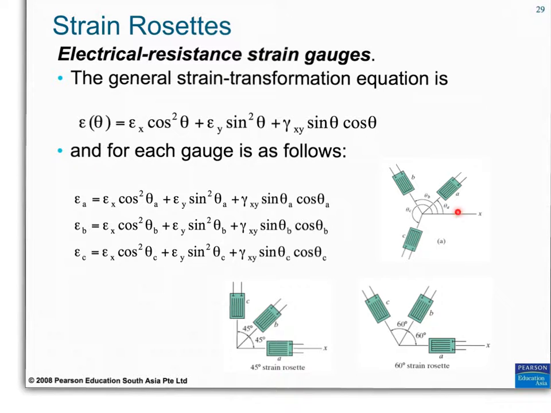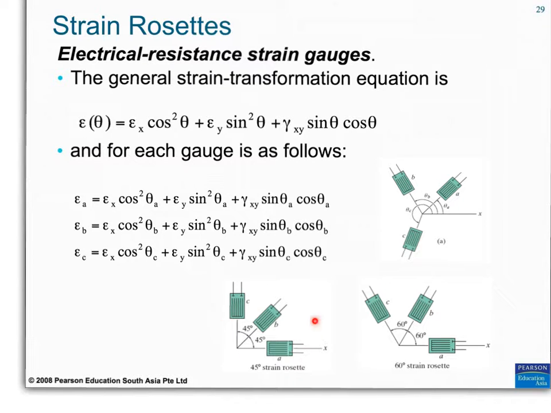Do the same thing with strain gauge B. We measure the strain in this direction, so that gives us a second equation with strain in the X, strain in the Y and the shear strain as unknowns. Measure the strain in the C direction. We know its orientation, theta C, put that into the equation here, and that gives us 3 equations and 3 unknowns, so we can solve for our strain in the X, normal strain in the Y and the shear strain.